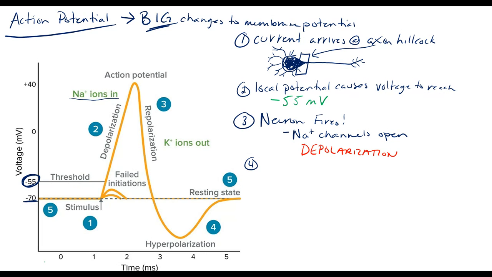Now, at some point, the membrane potential is going to pass 0 millivolts. What that means at 0 millivolts is that the inside of the cell and the outside of the cell are the same charge. The intracellular fluid and the extracellular fluid are the same charge. Once that happens, at 0 millivolts, those sodium channels are going to close.